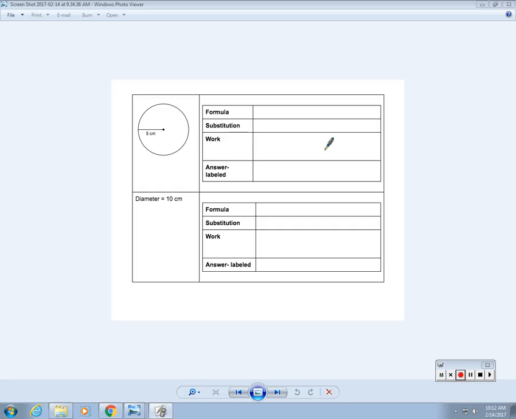And then you're going to multiply 6.28 times 5. I'm going to let y'all do it. Centimeters. We have to label our answers.